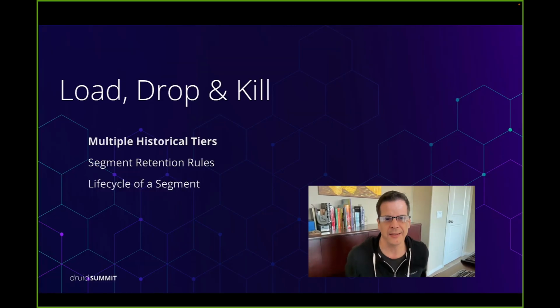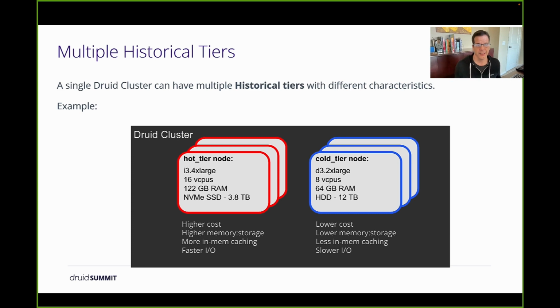So with that, today we're going to talk about multiple historical tiers and how you use retention rules to use multiple historical tiers. And then we'll talk about the full life cycle of a segment. So let's talk about multiple tiers. Multiple tiers allow you to define different sets of historicals that have different characteristics.